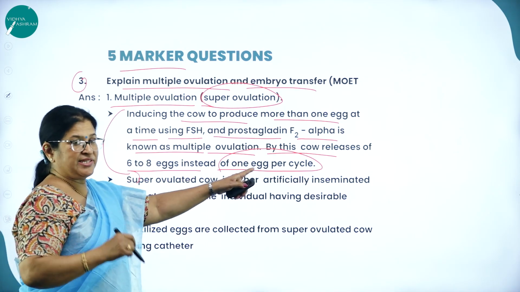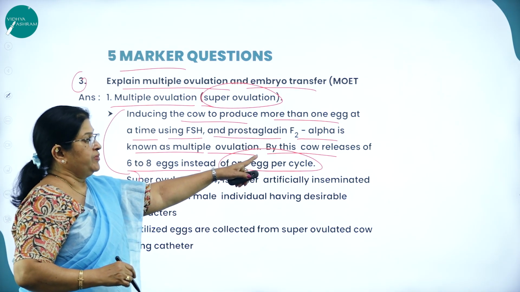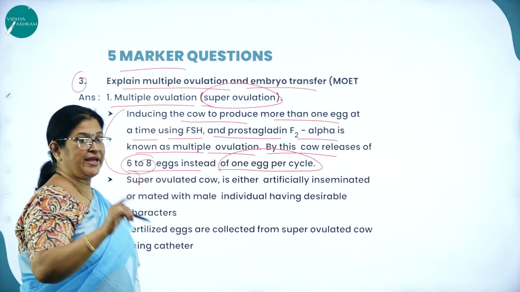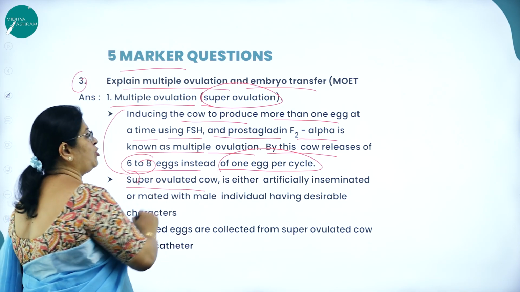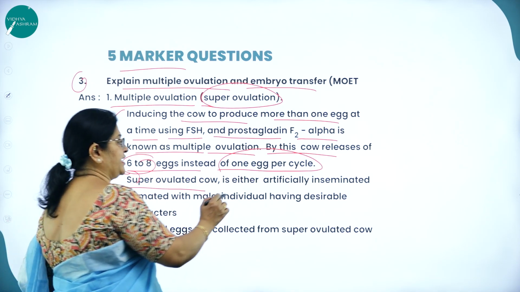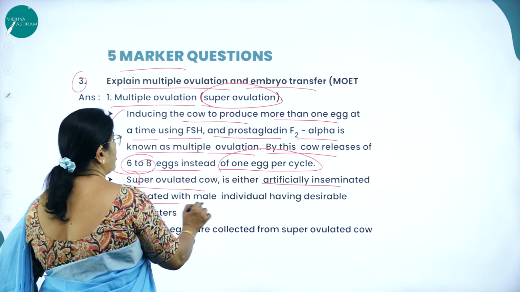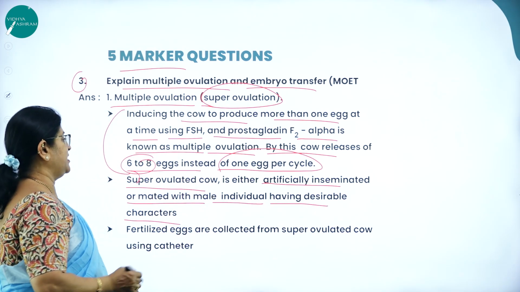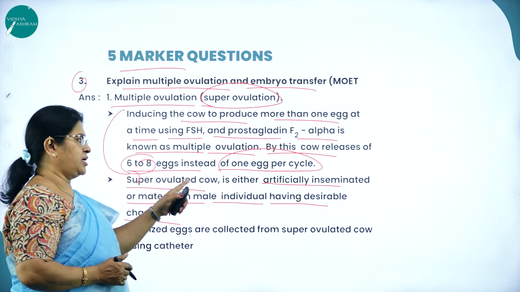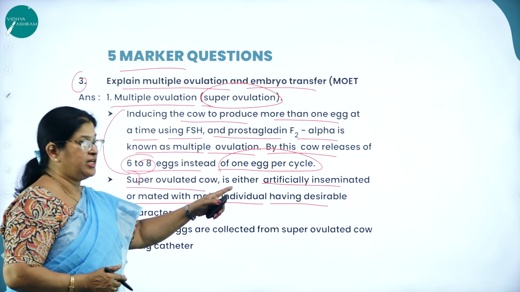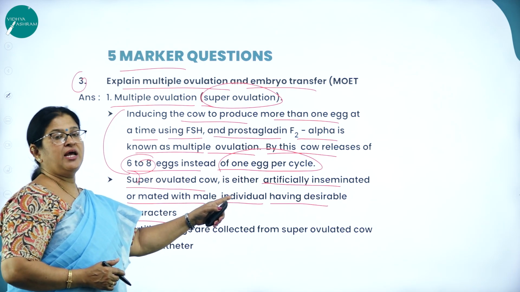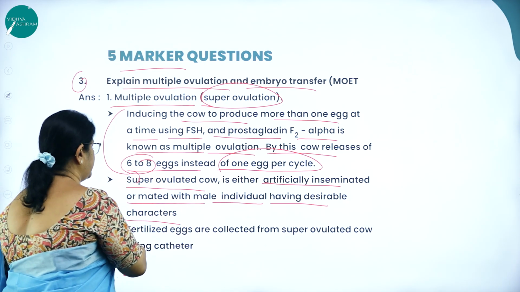The super ovulated cow is either artificially inseminated or mated with a male individual having desirable characters.